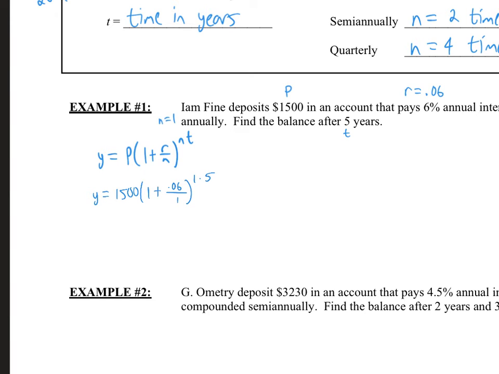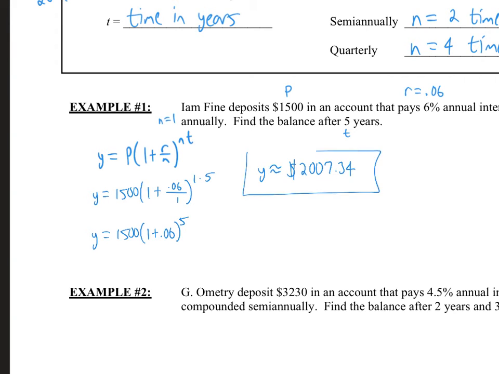So it's y equals 1,500 times (1 plus 0.06), all to the 5th power. If you plug that into your calculator, you should get approximately $2,007.34. And there we go.